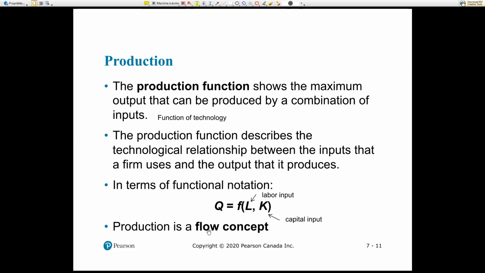Production is a flow concept in the sense that if I think of my firm, the buildings are a stock, just a fixed cost I have to pay. And then production is what I do with it. It's something that I do every day, for instance. So you could say something like production per day, or production per trimester, or production per week.